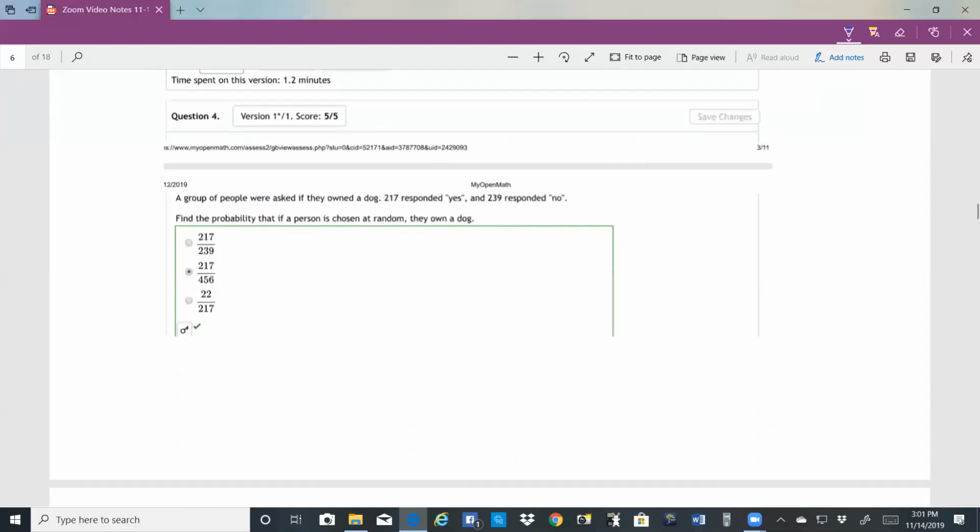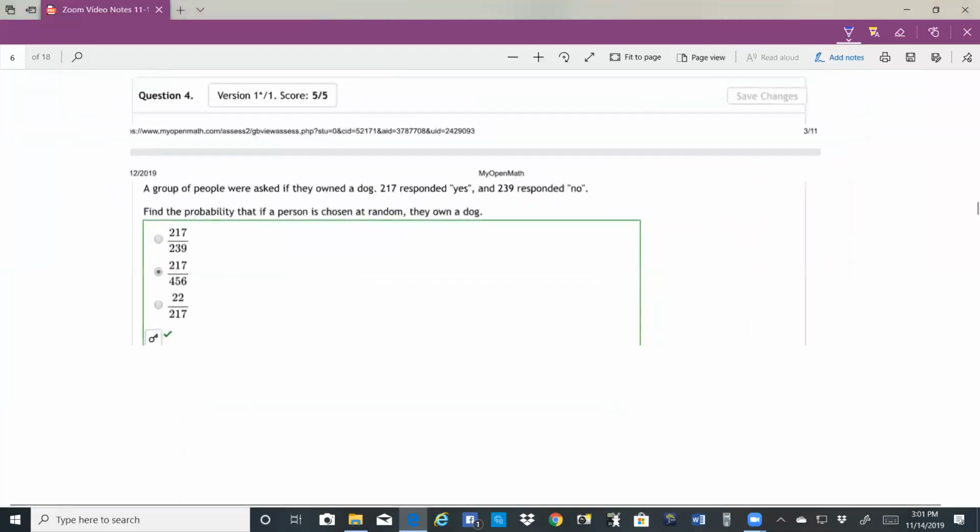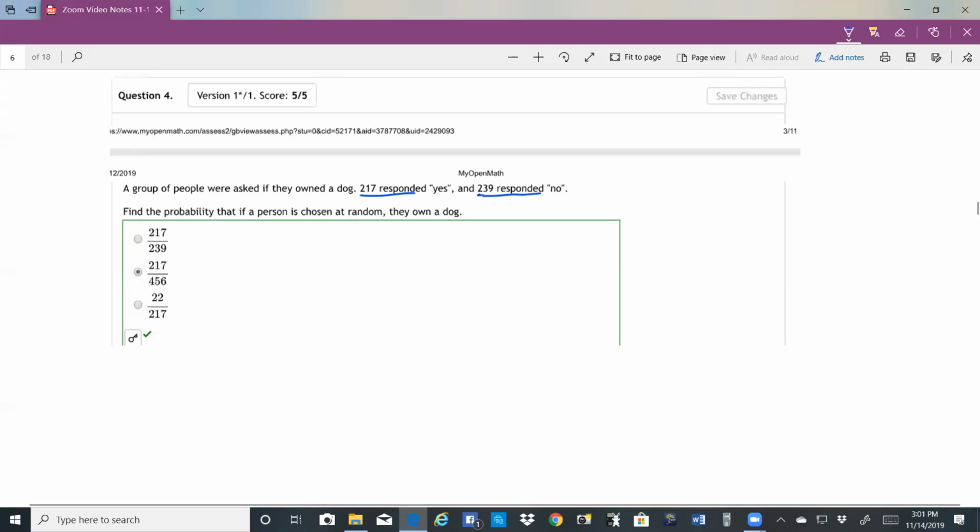Number 4, a group of people were asked if they owned a dog. 217 responded yes, 239 responded no. Total responses is equal to 456 if you just add them up, 217 plus 239.